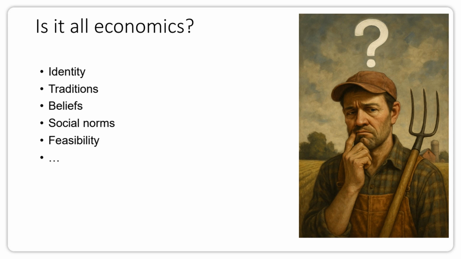Is the identity of the farmer, is the traditions in which he has been working, is the beliefs, is the social norms, is the feasibility of the approaches. And so this is very important to consider if we want to give advice and we want to know how to give advice on sustainable worm control.